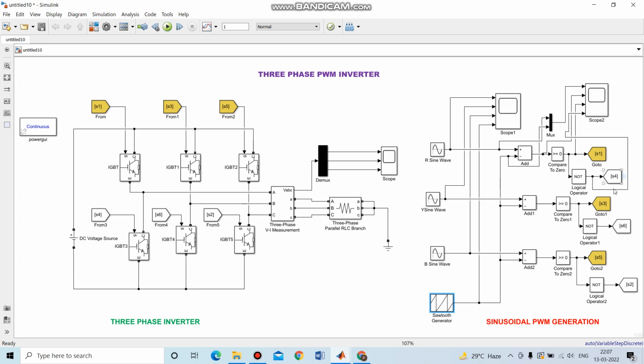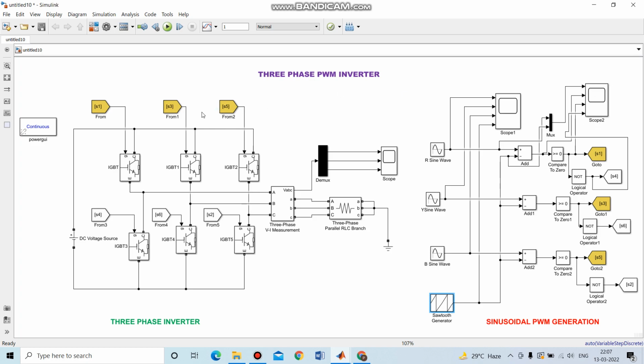Here we can see the RYB output, then the sawtooth waves through this scope. Then the output from comparing, through the logical operator NOT, can be seen through scope 2. That is, by comparing your carrier wave as well as your sine wave, how the pulse widths are getting generated corresponding to this function. We can see the output through scope 2.